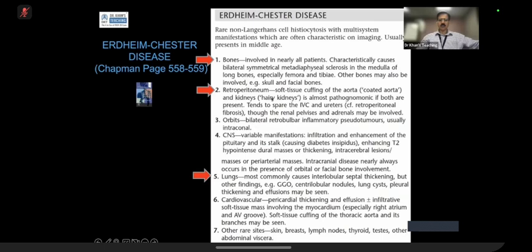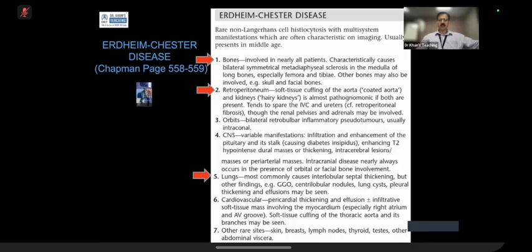There will be soft tissue cuffing of the aorta, which was not seen in our case. And kidney, we call it hairy kidneys. It is almost pathognomonic, right? Please remember, IVC and ureters are usually not involved, which can be seen in retroperitoneal fibrosis.